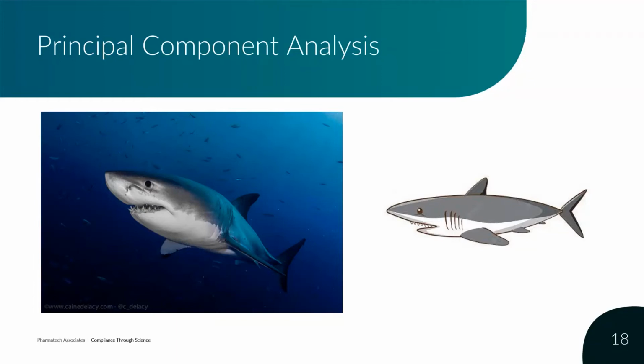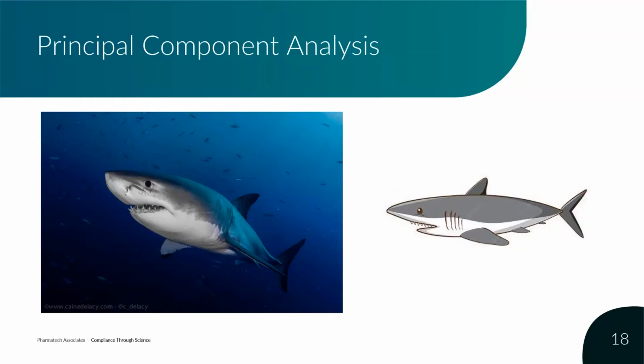In effect, it is still a shark. So in this example, we've been able to remove an entire dimension without affecting the conclusion. And this is really the power principal component analysis has. It works by focusing only on the most important aspects.